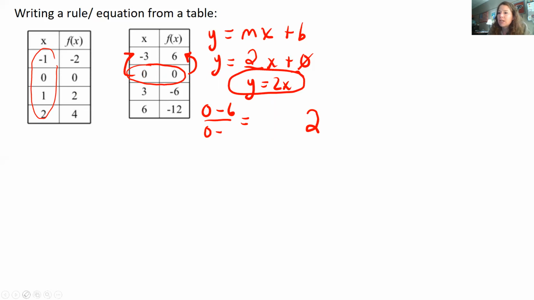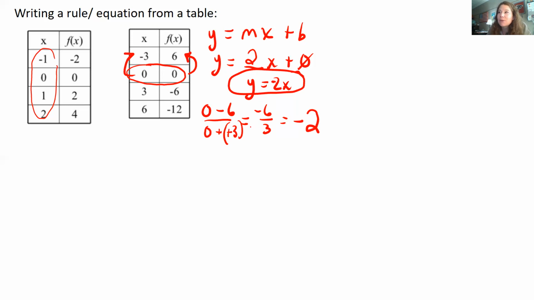I almost moved on and didn't notice that. So 0 minus negative 3, that's such a common mistake, and I just made it. So when you see minus a negative, do bam, bam. So now we have negative 6 divided by positive 3, which is in fact negative 2x. So my answer is y equals negative 2x.